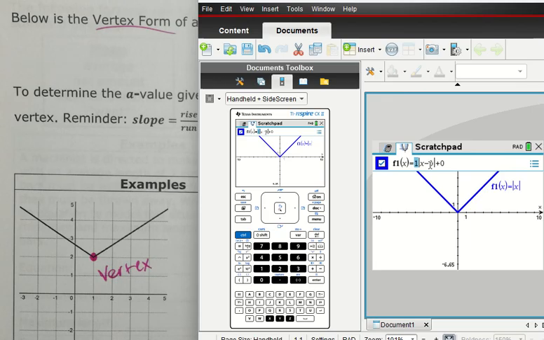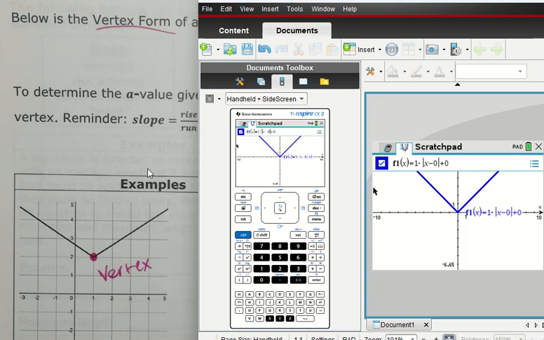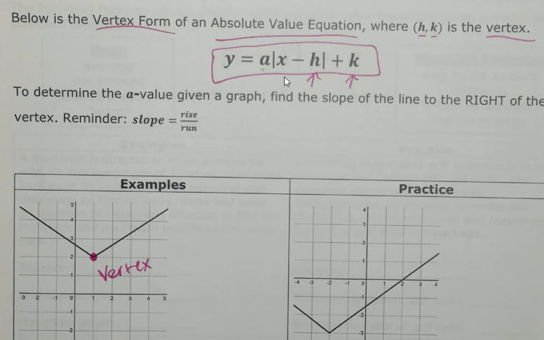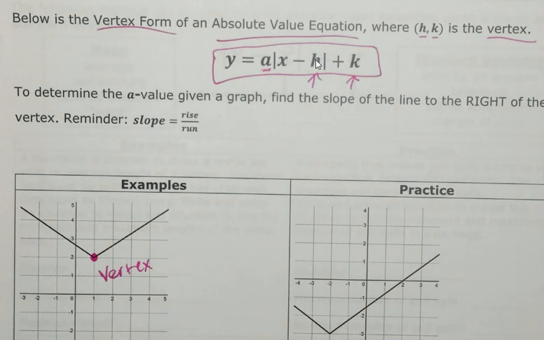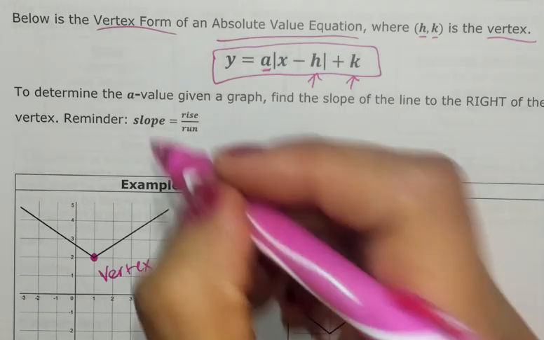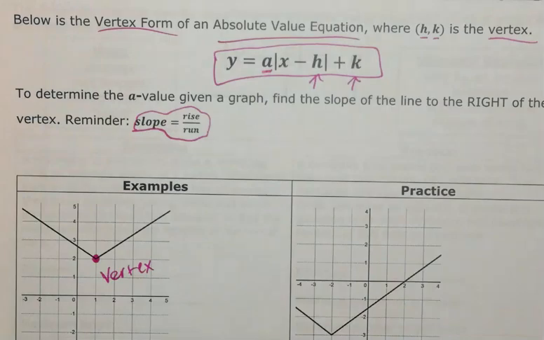And then the 0 for the h, 0 for the k, creates the vertex of 0, 0. So notice that I press enter and nothing changes. That's the same graph as just having absolute value. So your job is now to create that equation from the graph, identifying the a value and the h and k value. Again, the a value can be found by seeing this as the rise over run ratio from one point to another.